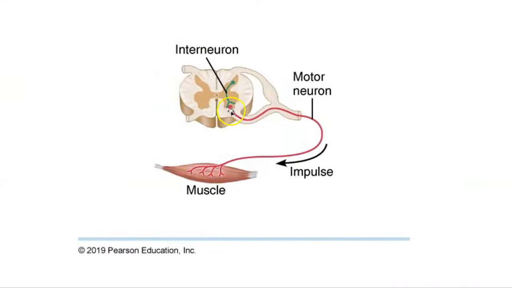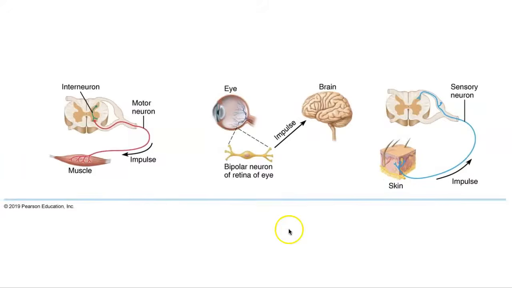And here we can see a motor neuron carrying information from the spinal cord out to the body. So trying to put this information together, unipolar neurons are typically sensory neurons, bringing information into the CNS. Motor neurons are typically multipolar neurons, bringing information from the CNS out to the body.